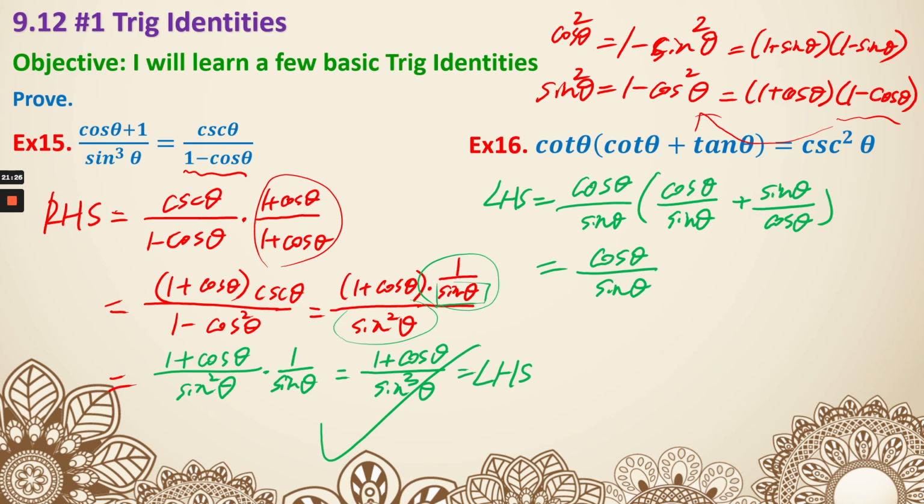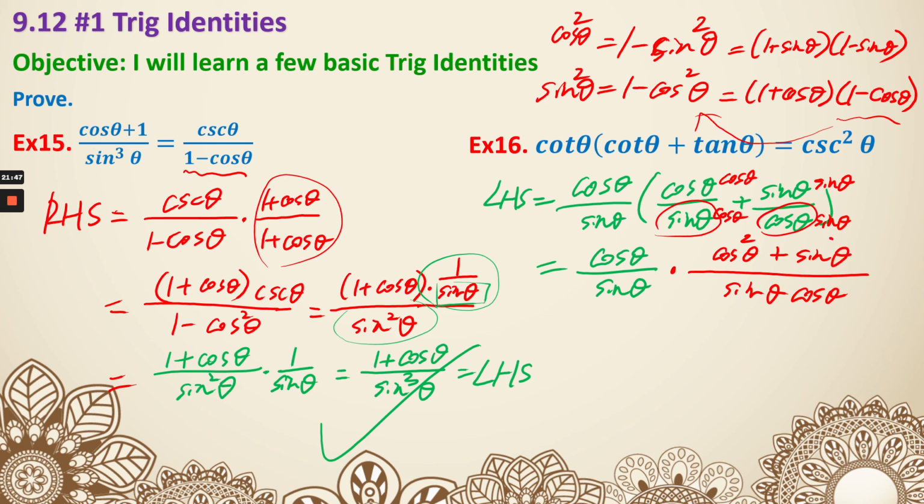As for the inside, I'm going to need to use a common denominator, which is basically these two put together. So it's got to be sine theta cosine theta. If that's the case, I'm going to need to multiply the top and the bottom on the first one by a cosine theta, and multiply the top and the bottom on the second one by a sine theta. So I got cosine theta squared plus sine theta squared.